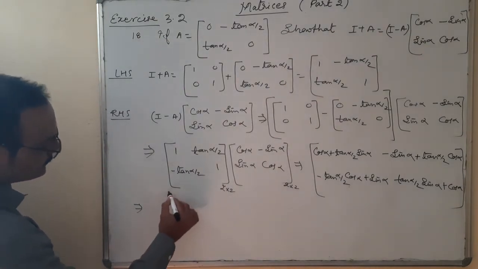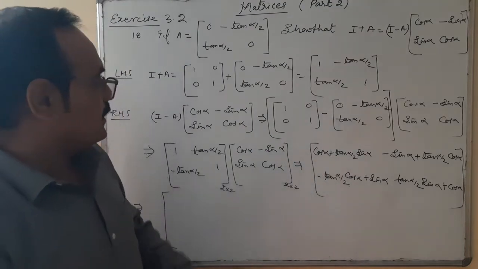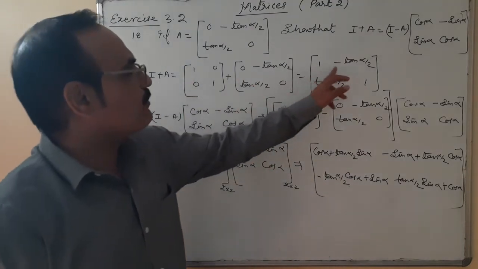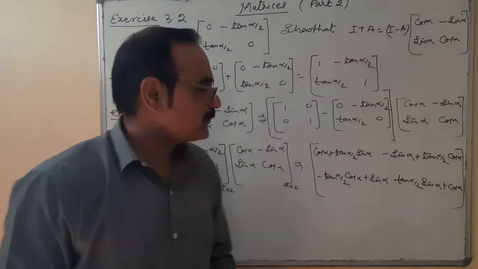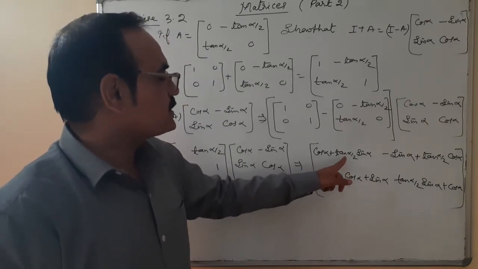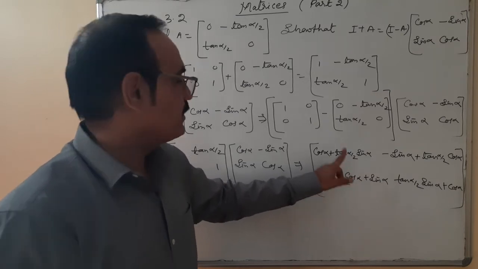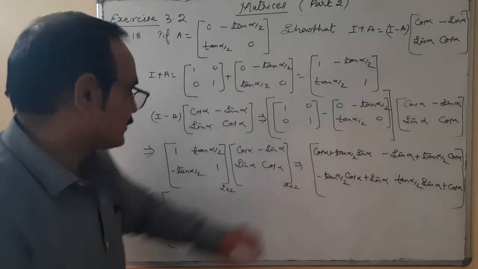It means we are proving this term, 1 minus tan alpha by 2. Better to convert this tan alpha by 2 in the form of sin alpha by 2 upon cos alpha by 2. So I am writing the next step after this.